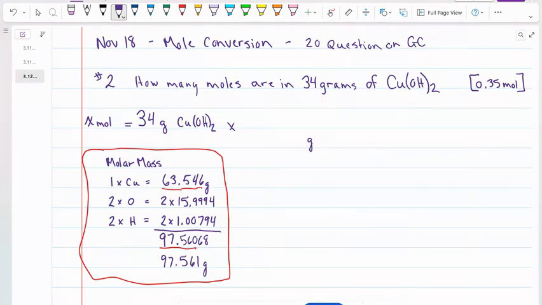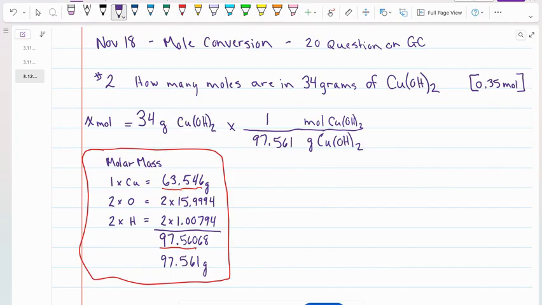So we're going to put our grams on the bottom, our moles on the top, and we know that 1 mole of copper hydroxide is equal to how many grams of copper hydroxide? When we look, we have 97.561 grams of copper hydroxide.